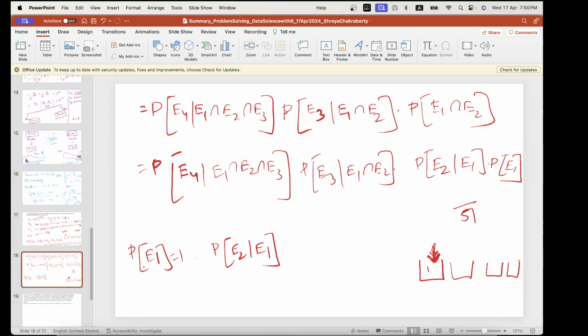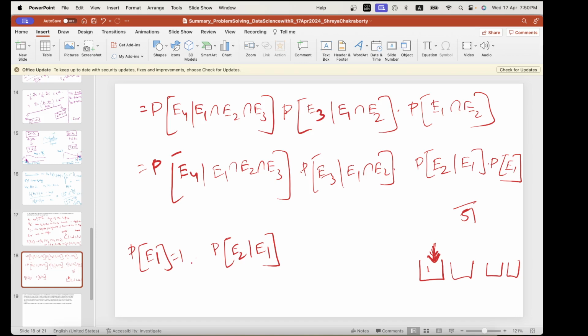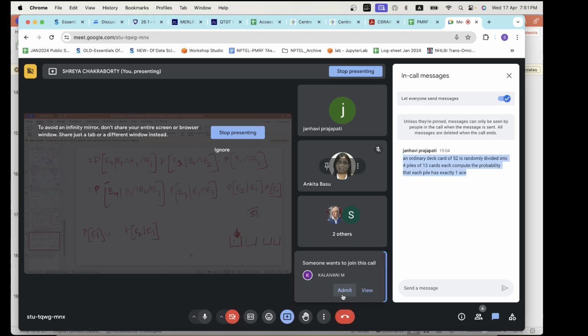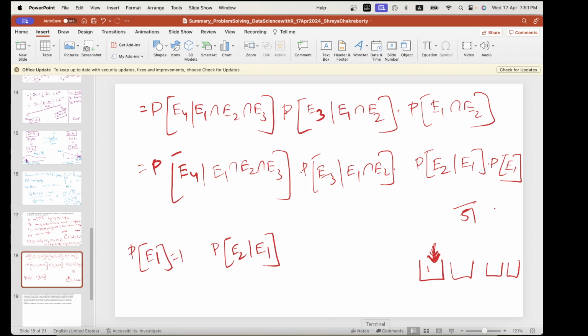So E2 is what? E2 is ace of spades and ace of hearts in different piles. So that means... just help me frame the statement why it is 39 by 51.